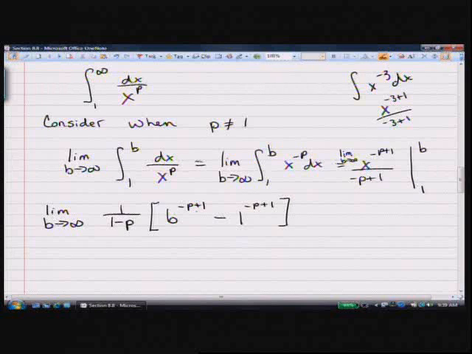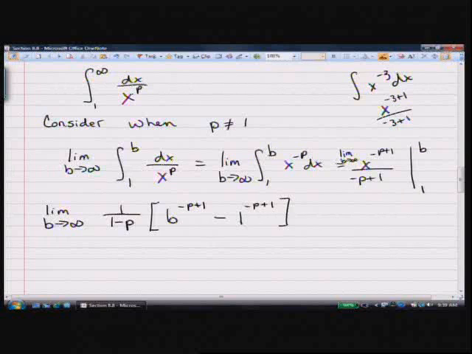If p were less than 1, this exponent would be positive, right? And so as b goes to infinity, this would go to infinity. What if p were greater than 1? Say p were 7, what would happen? This part would definitely go to 0. If p were 7, then this would be b to the negative 6, 1 over b to the 6th, and as b went to infinity, that part would go to 0, right?